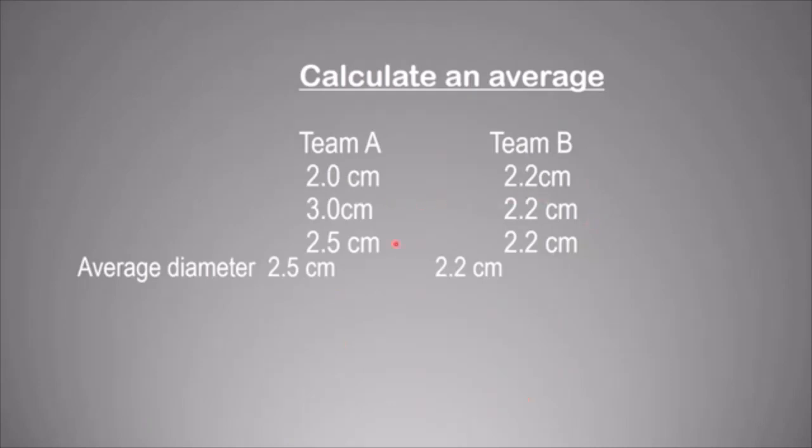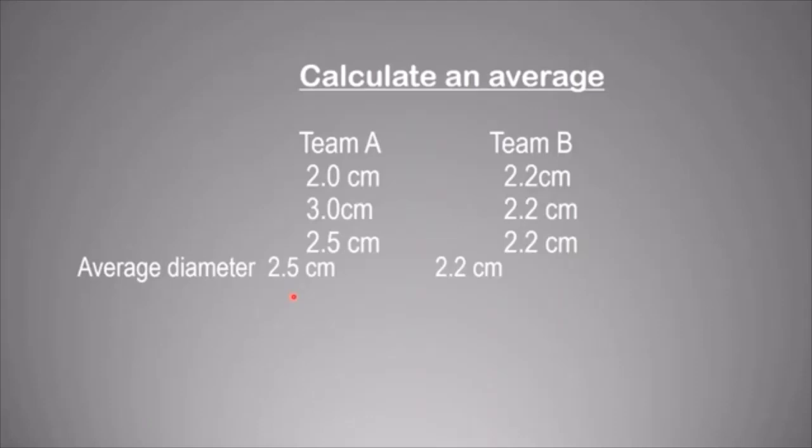Team A, you can see, was not precise because their measurements were all over the place, ranging from 2.0 to 3.0. Now let's look at their average. Team A's average result is 2.5, and the true result is also 2.5.